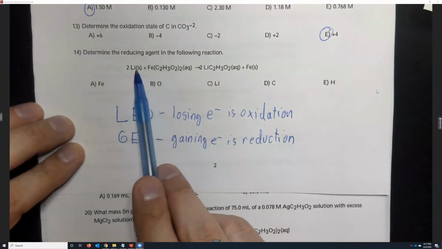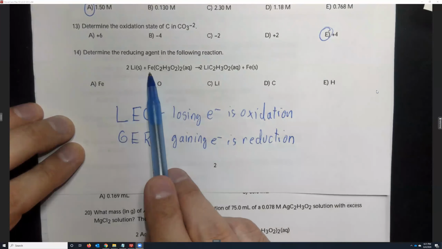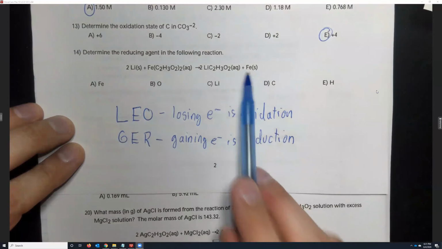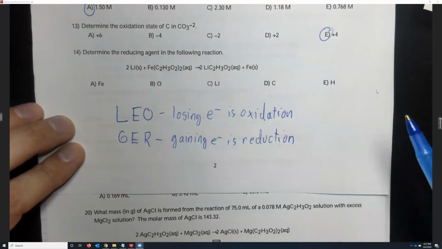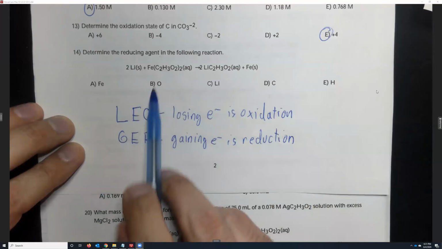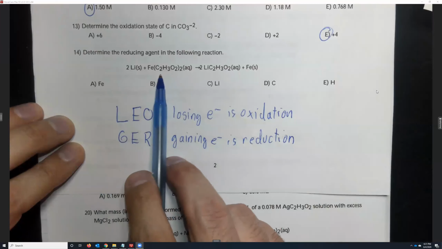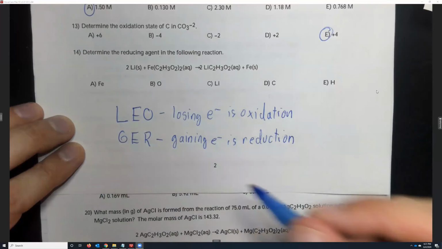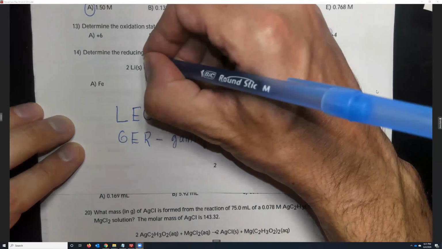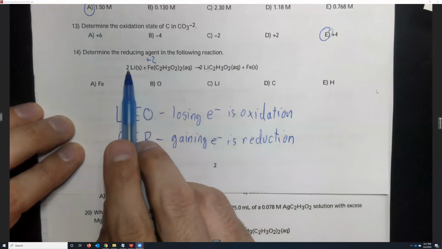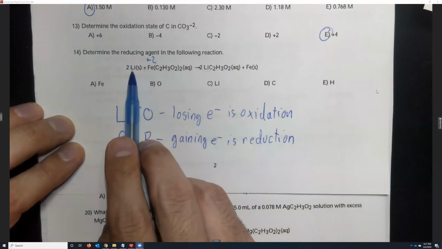So we have lithium and iron 2 acetate forms lithium acetate and iron metal. Okay, so we need to determine the oxidation states on these things. First, we need to recognize our polyatomic ion acetate, and acetate is -1. Since there are 2 of them, the iron's oxidation state or charge is +2. All right, lithium is an element. All elements have an oxidation state of 0.